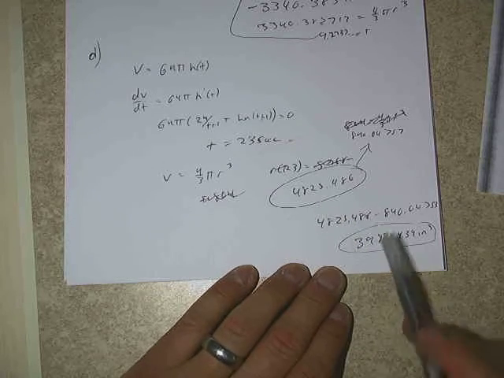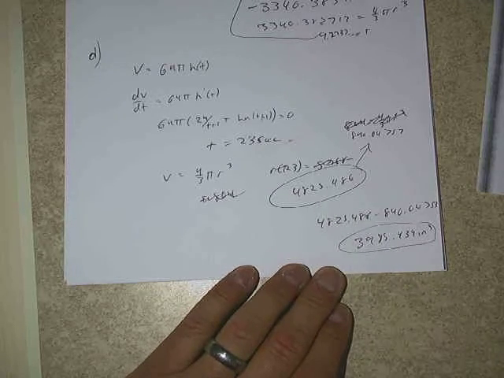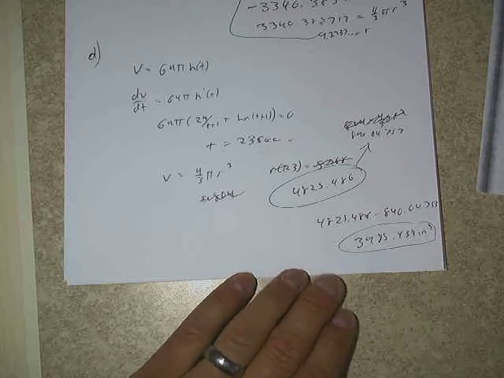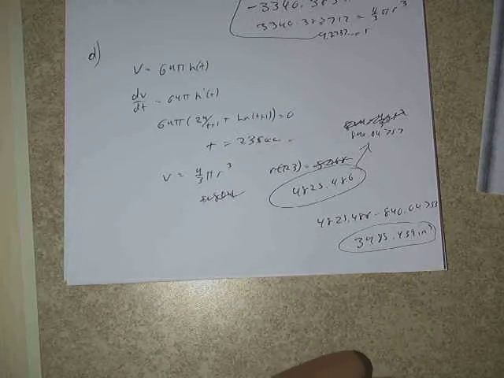And if I subtract them, I get 3,900 and something. I don't remember off the top of my head. I think it's 3985.439, which is cubed.